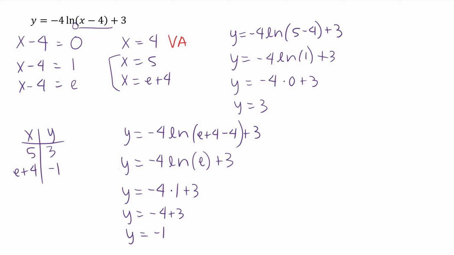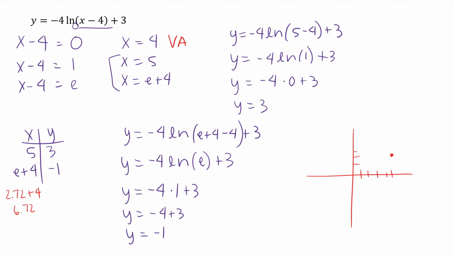Let's come over and graph. We have 2 points here. X is at 5, y is at 3, and e, remember, is about 2.72 plus 4, so that would be about 6.72.